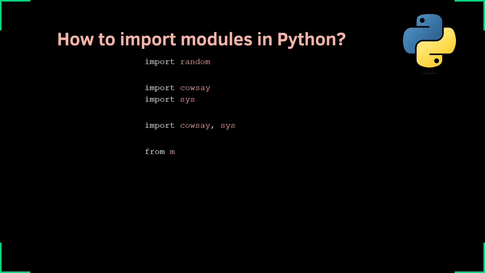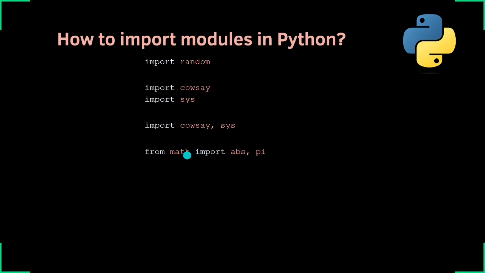Another variation is the import statement that imports names from a module directly into the importing module's namespace. So in this case, math is the name of the module, and abs is a function within that module, and pi is a variable that is also defined within that module. So when you do from math import abs and pi, you are only importing abs and pi.